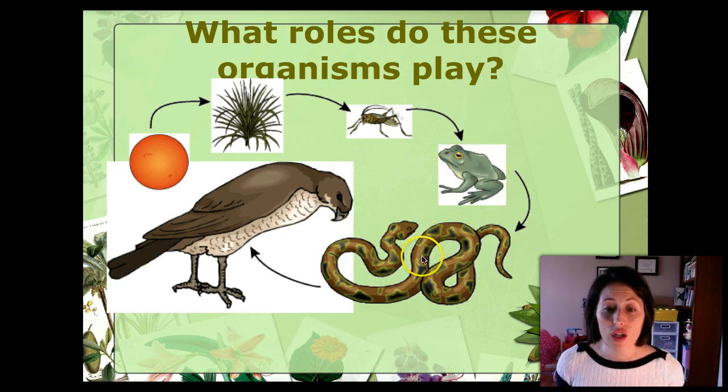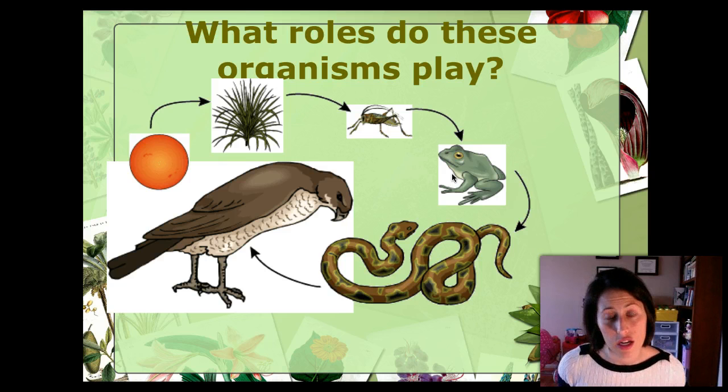Here we have our tertiary consumer. This is the carnivore that's eating another carnivore, okay? And then this one is actually showing a quaternary consumer, which the hawk is eating a carnivore who eats the carnivore, okay?